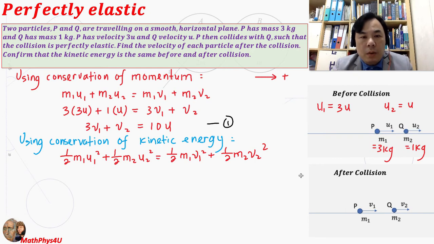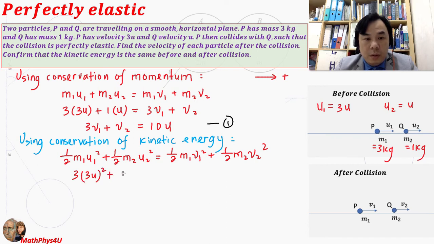For simplification of analysis here, we can just cross out all the halves. Just fill in the mass, and this is 3u square. Don't forget the square, it is very important. This is u square, that is fine. And then we have 3v1 square plus v2 square.